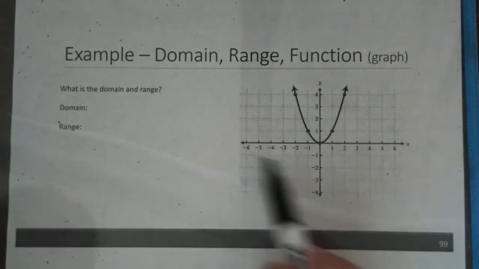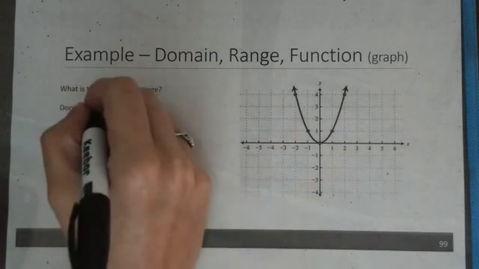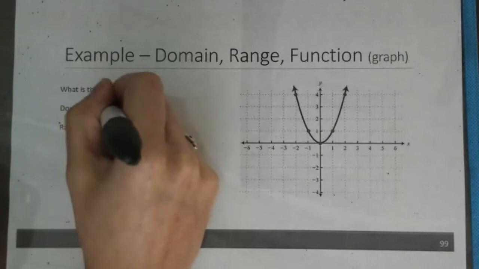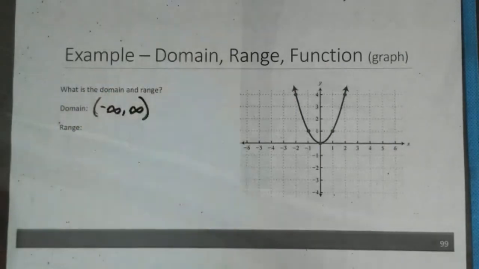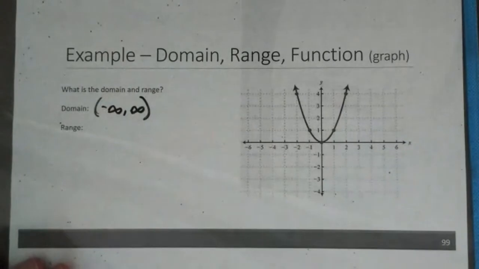It doesn't matter what the y value is, somewhere we will hit every x value. The way we write that is -infinity to +infinity, because we will touch every single x value eventually because of the arrows.